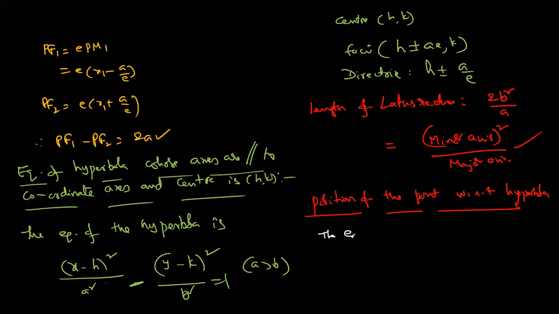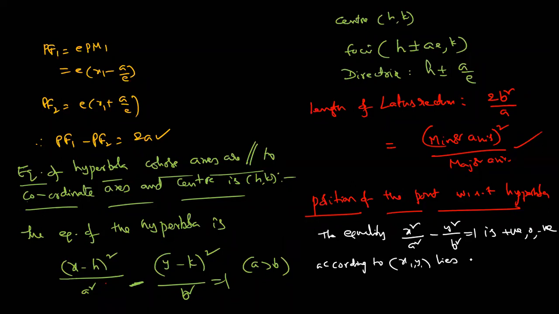The expression x square by a square minus y square by b square minus 1 is positive, zero or negative according to whether x1, y1 lies within, upon or outside the curve respectively.